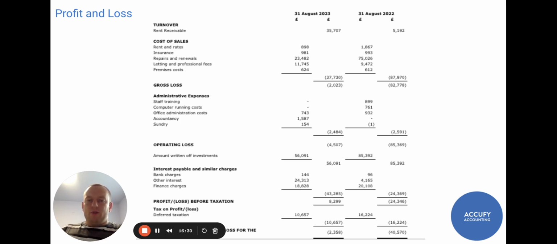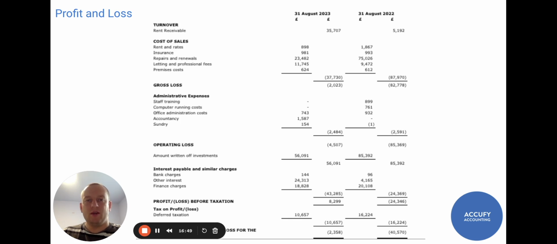We then have below there a profit or loss before tax. In this case, it is a profit before tax, and this basically works out all the categories above. It works out the profit or loss.